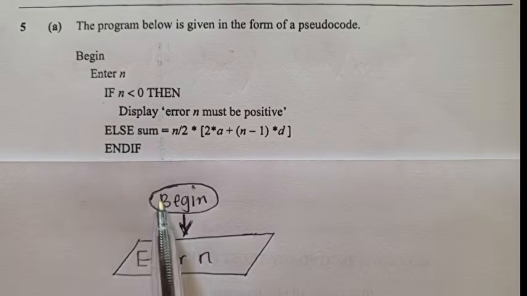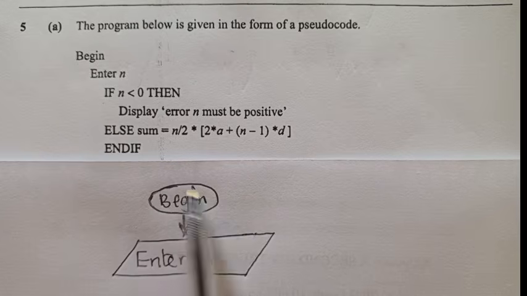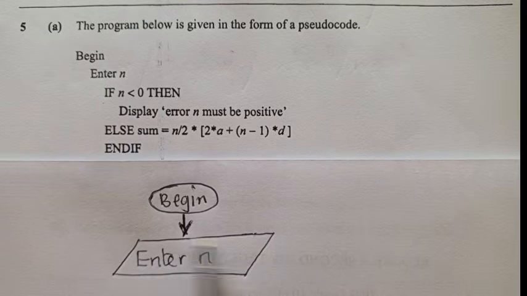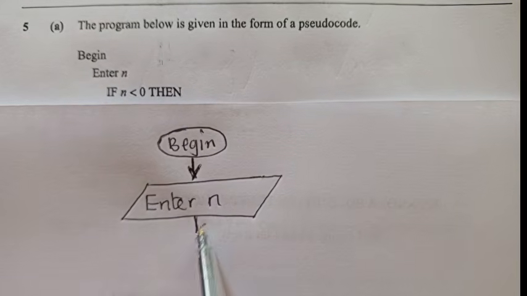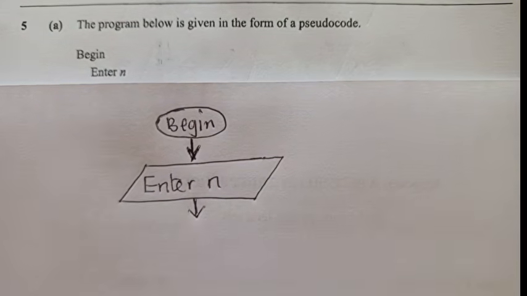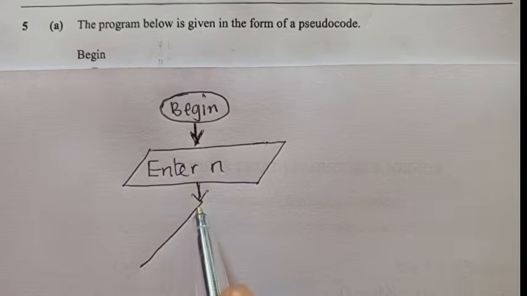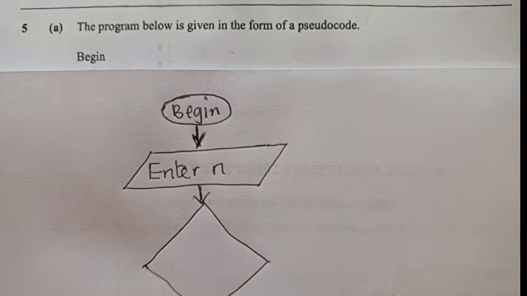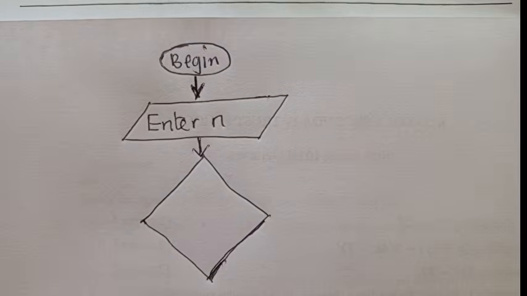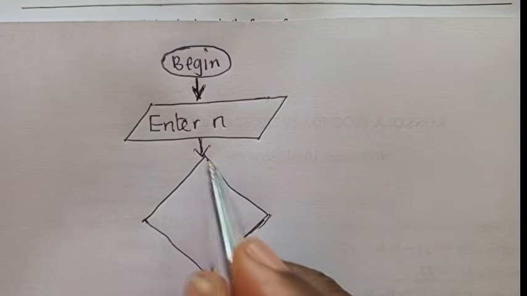For begin, it's an oval shape. For enter, it's a parallelogram. For if, it's a diamond shape. So let me show you the diamond shape. You show an arrow there and draw your diamond shape.